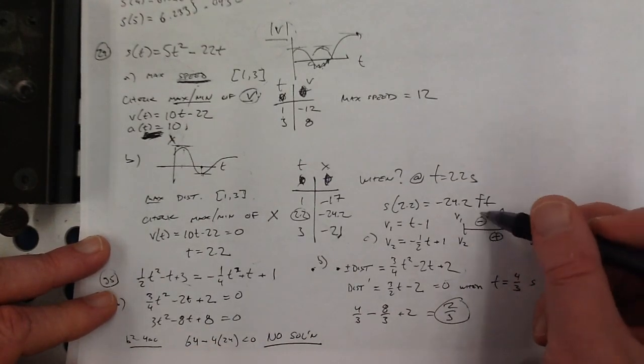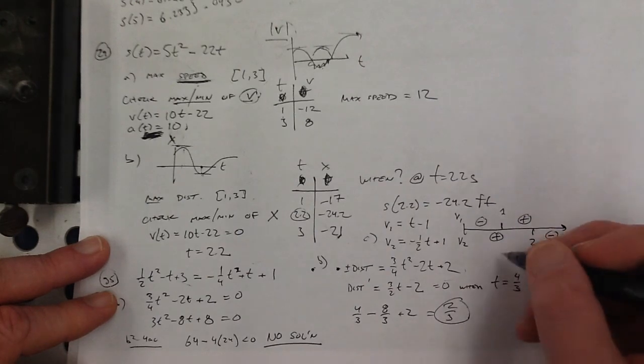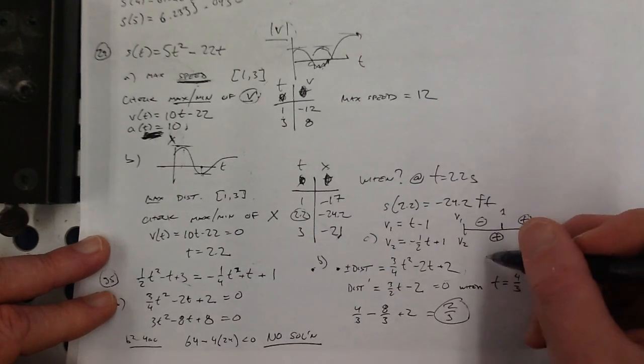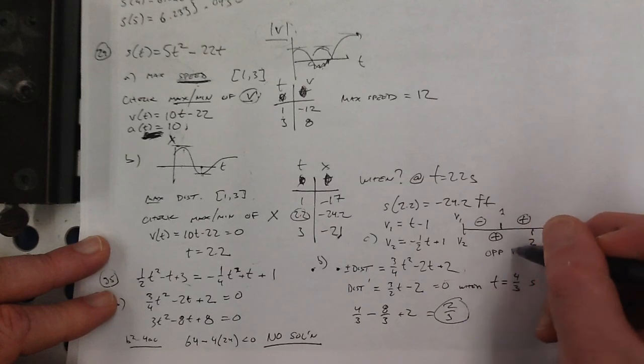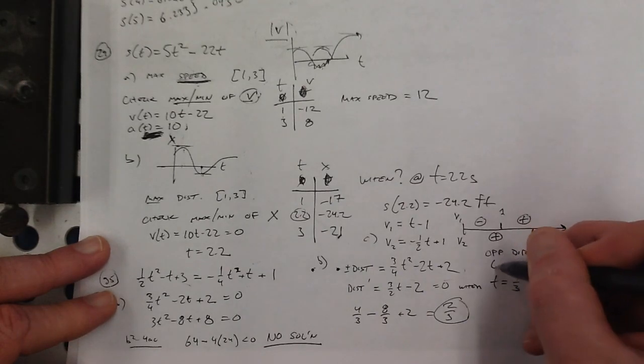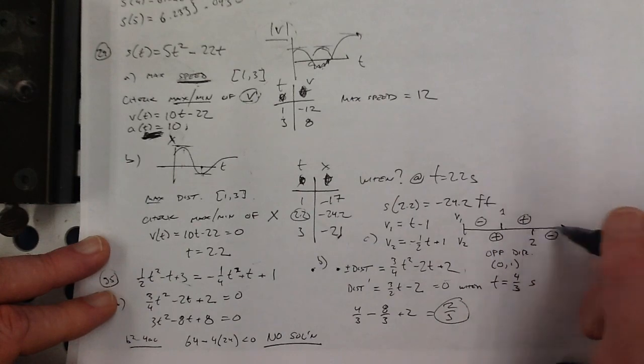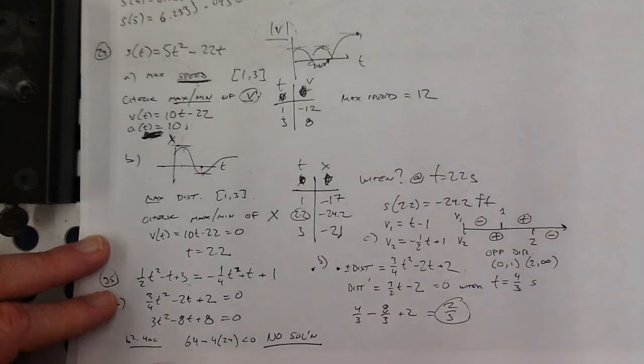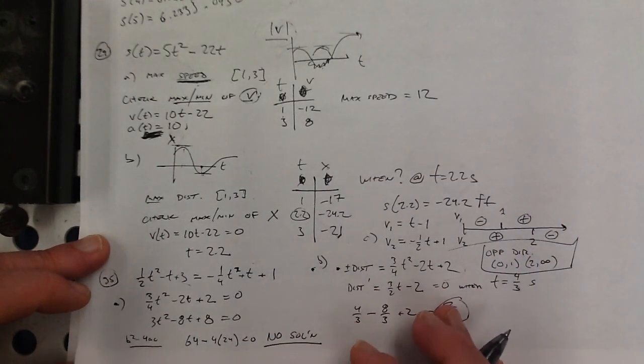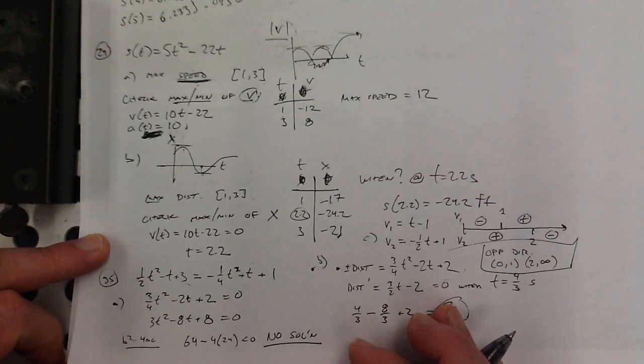So they're in opposite directions when they have opposite signs. So from zero to 1, here they're both going in the positive direction, and then from 2 to forever. All right. That should do it.